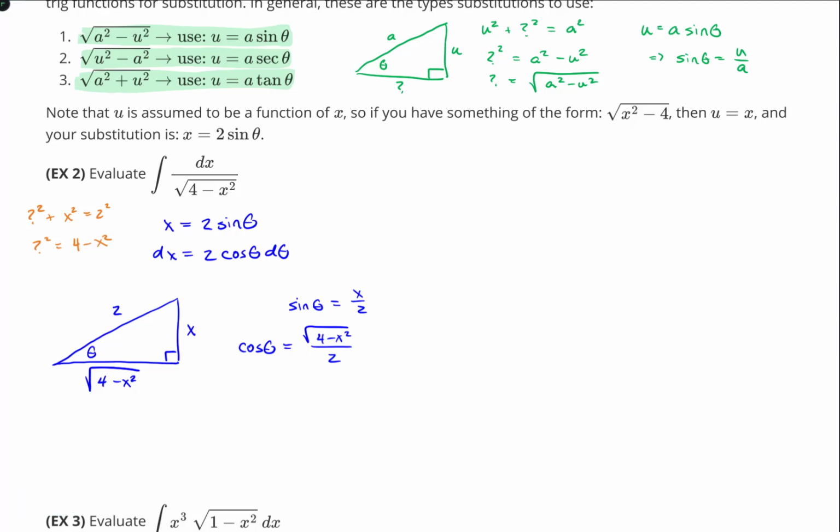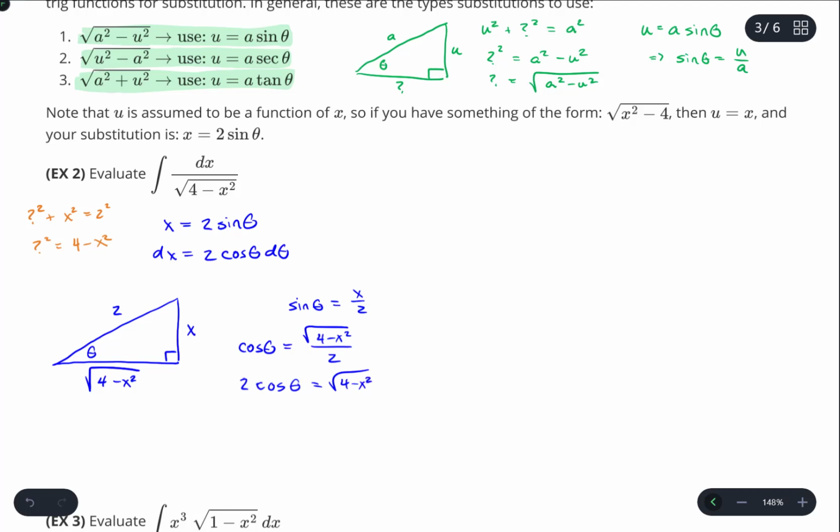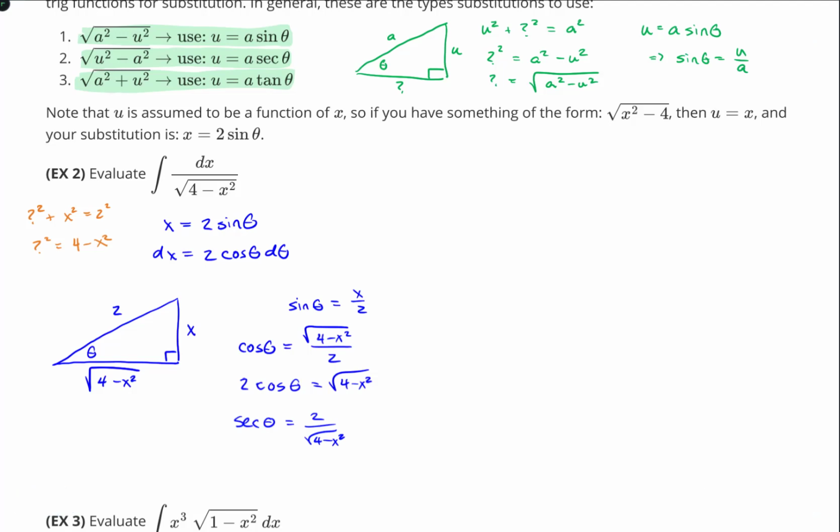And that's not exactly the square root here, so I'll just multiply everything by 2 and make it exactly that. Another thing I could do is I could actually use secant because this square root's in the denominator, and I could say, for instance, the secant of theta is 2 over the square root of 4 minus x squared, and because it's not 2 over that, it's just 1 over, I could divide the 2 over and make it a half.